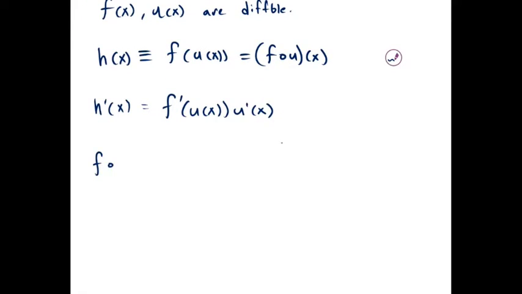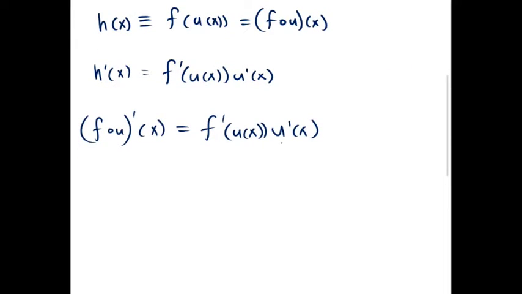The derivative of a function within a function is equal to the derivative of the outer function with the inner function still present inside, times the derivative of the inner function.